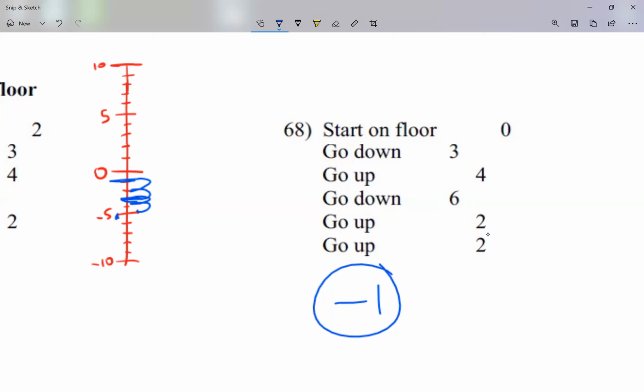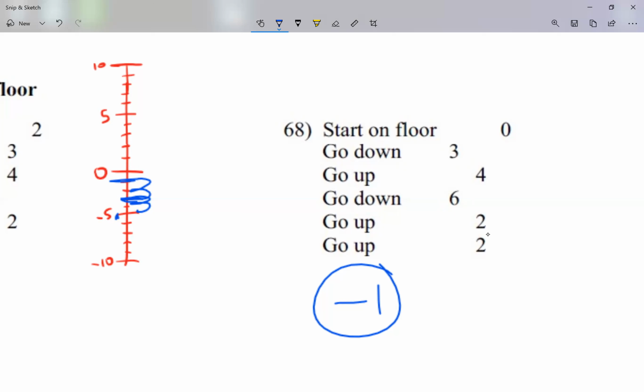Let's take a look at question number 70. I'm going to begin with 435. Again, withdraw means to subtract, and deposit means to add. So I'm going to subtract, add, subtract, and then add.